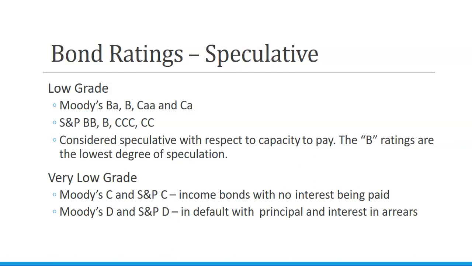We don't really think that they have a really good capacity to pay. They might have had cash flow issues in the past. They might have defaulted in the past. And they might not pay any interest. There are certain kinds of bonds that don't pay any interest.